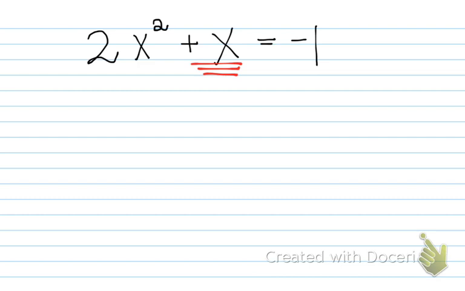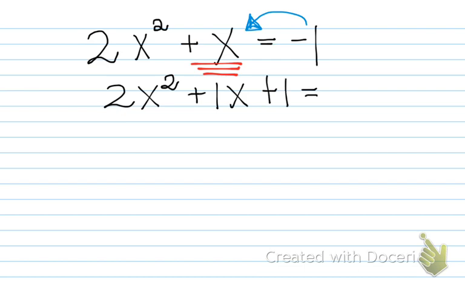So, we need to move the negative 1 over to the other side so that the problem will equal 0. We have 2x squared plus, there's a 1x, plus 1 equals 0.